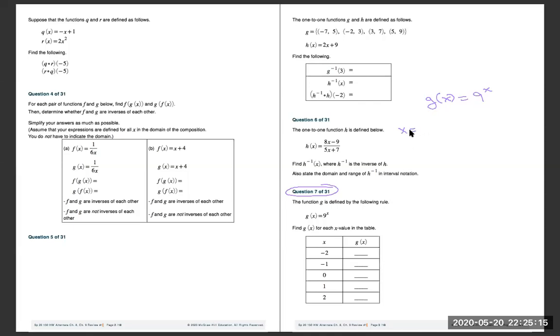So let's start with x equals 2 first, because that one's more self-explanatory when we plug it in. We're saying, well, what is g evaluated at 2? That's going to be 9 evaluated at x equals 2, so 9 squared, which is 81.